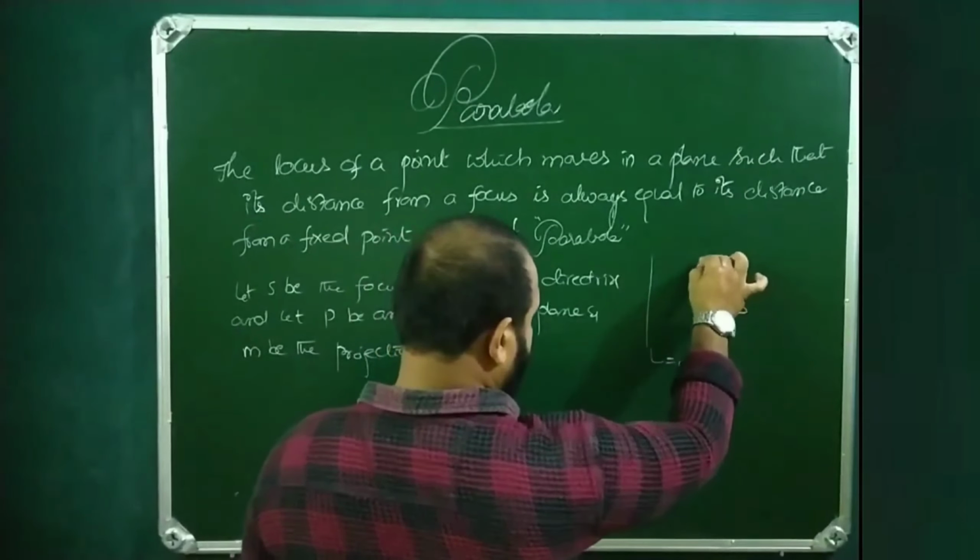M is this. Let M be the projection of P on L equals to 0.